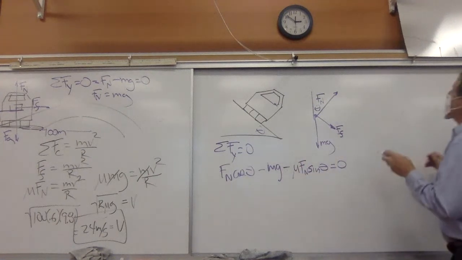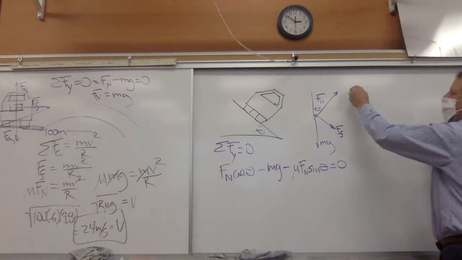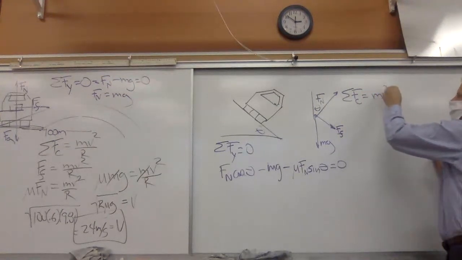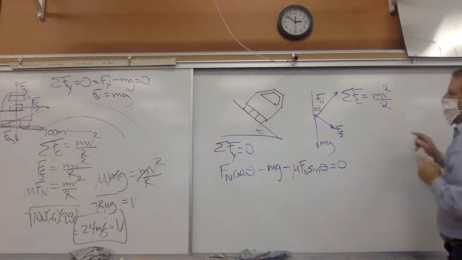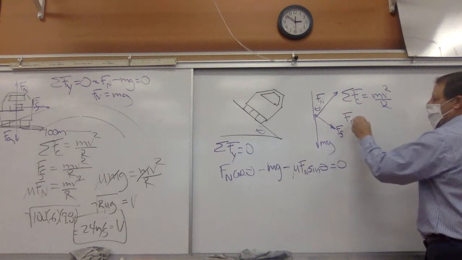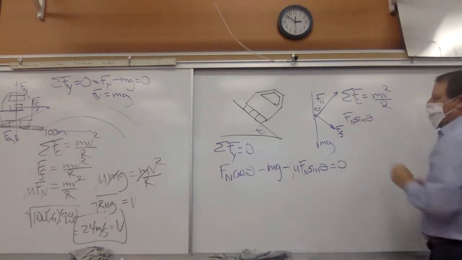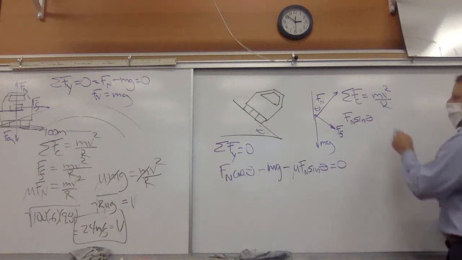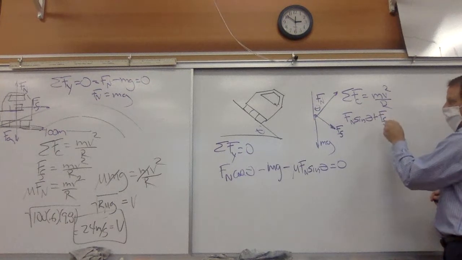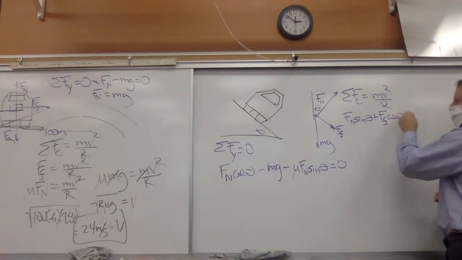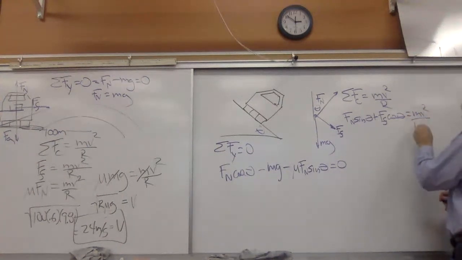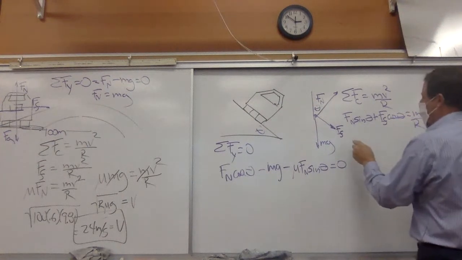Okay, and now if we say the sum of the forces towards the center is equal to mv squared over r. And now what we have going towards the center is force normal sine theta plus the force of friction cosine theta is equal to mv squared over r.